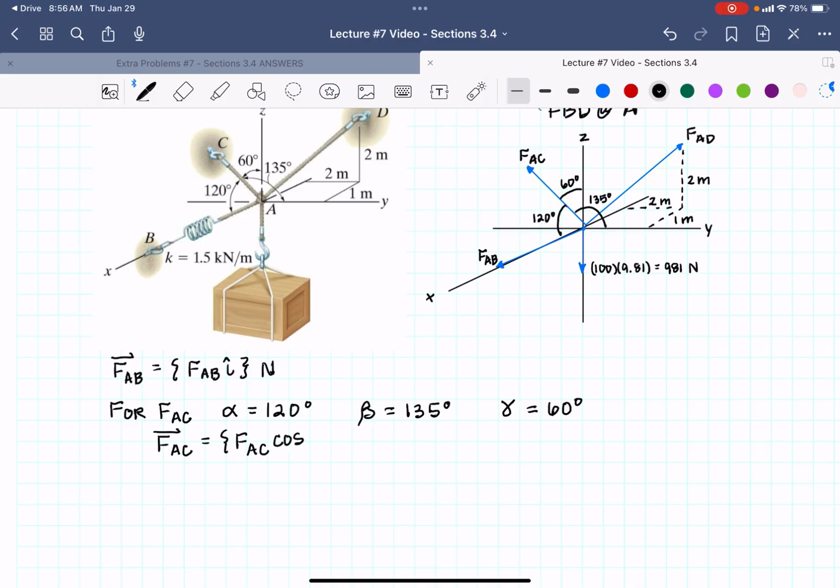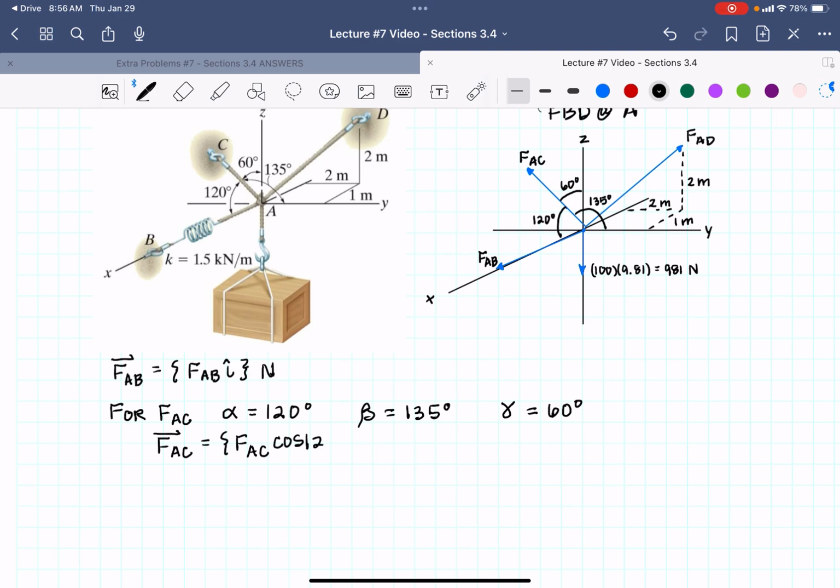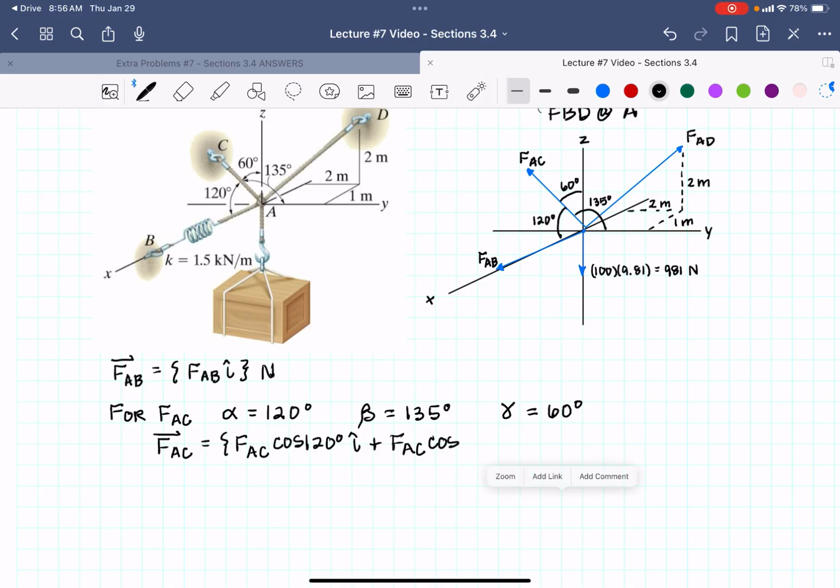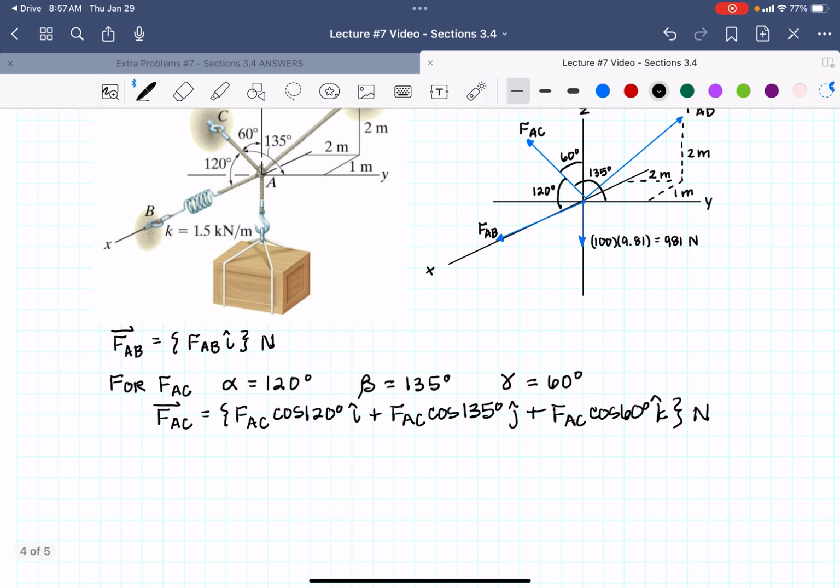So I'm going to have the cosine of, oops, sorry, that's 120 degrees, and i hat, plus FAC times the cosine of 135 degrees and the j hat, plus FAC times the cosine of 60 degrees and the k hat. And that is all in newtons. I'm going to leave it just like that for now instead of putting it in decimals because it makes it a little bit easier for me.